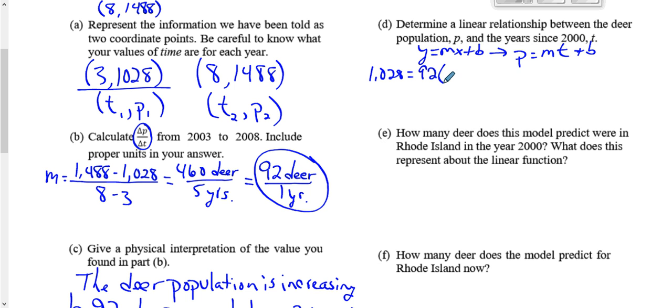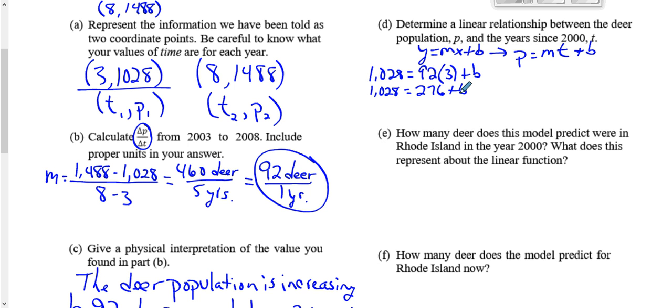So 1028 equals 92 times 3 plus B. You're solving for B. What's 92 times 3? 276. So 1028 equals 276 plus B.